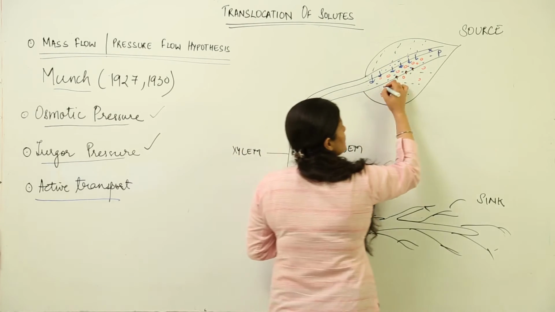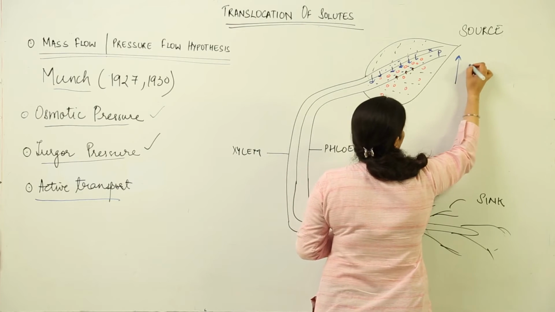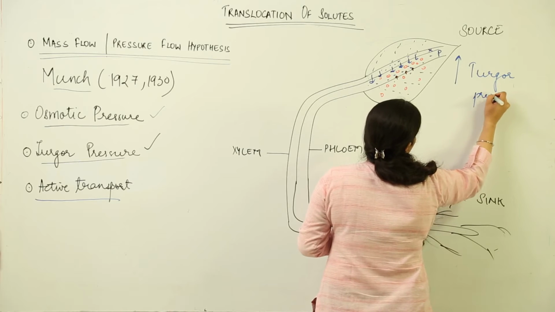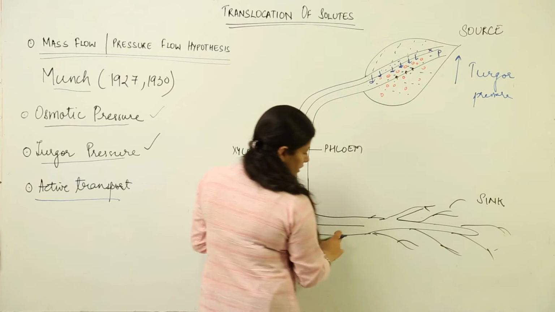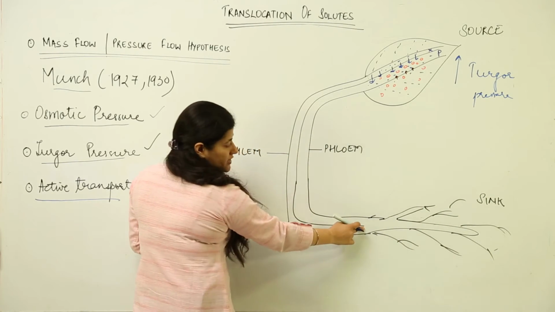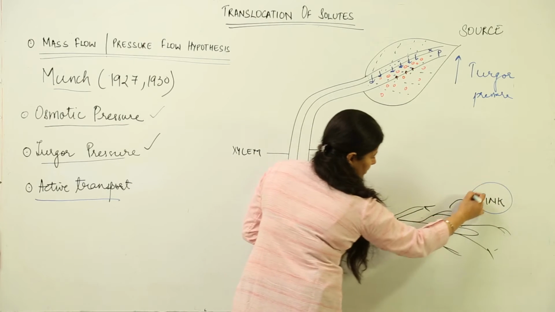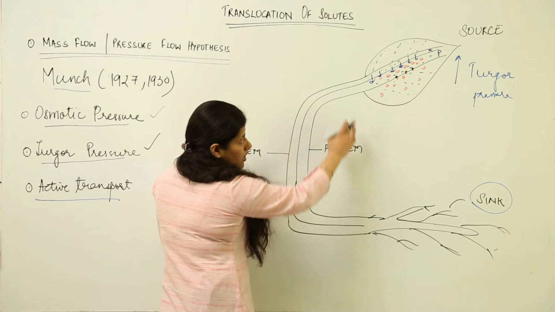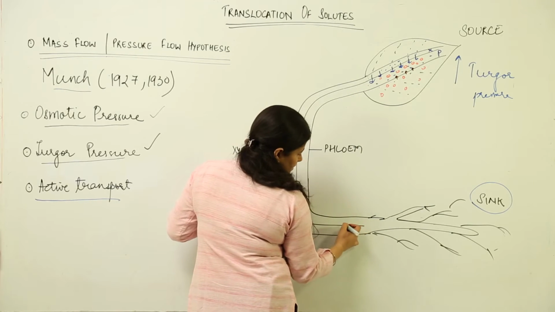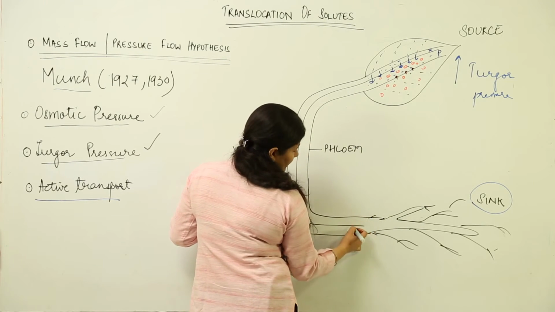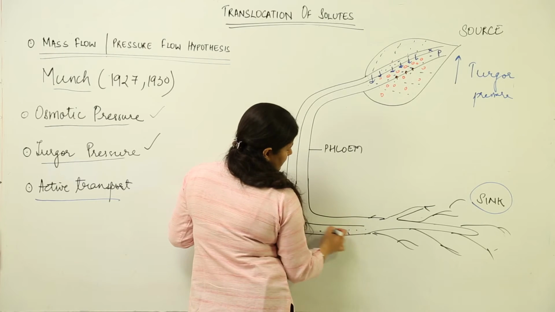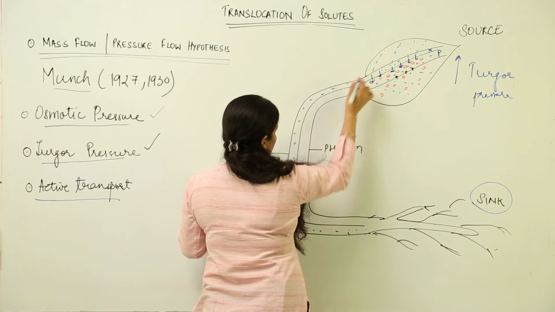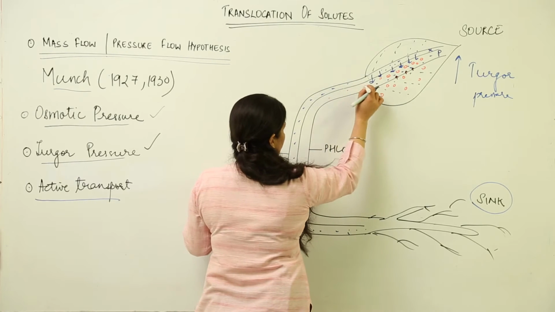It increases the turgor pressure over here in comparison to the turgor pressure present at the sink. We have taken root cells into consideration over here. Root is acting as a sink. Now, comparatively, this is the situation that there is lesser turgor. This is water, xylem, okay, and this is phloem.